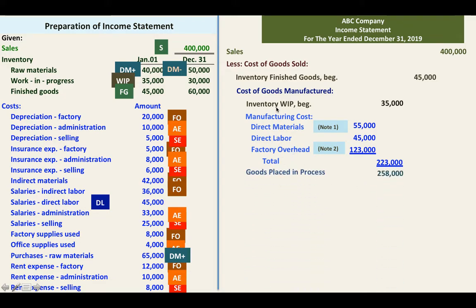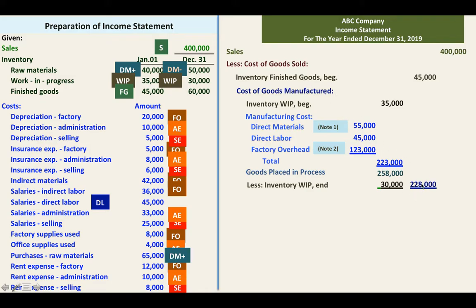And then we have to deduct the inventory work in process end. We have to look at our data. This is our end, which is 30,000. So we deduct that from the goods placed in process, and we will be able to get the cost of goods manufactured.